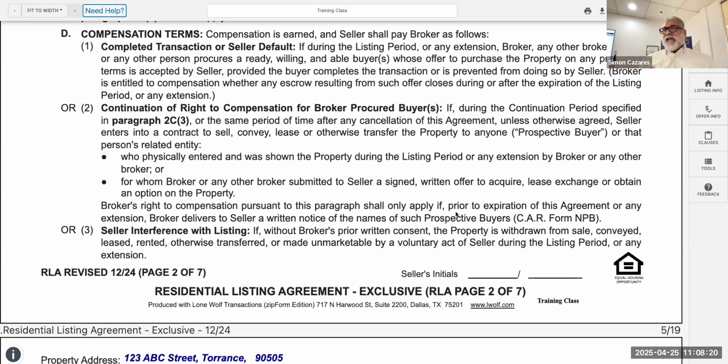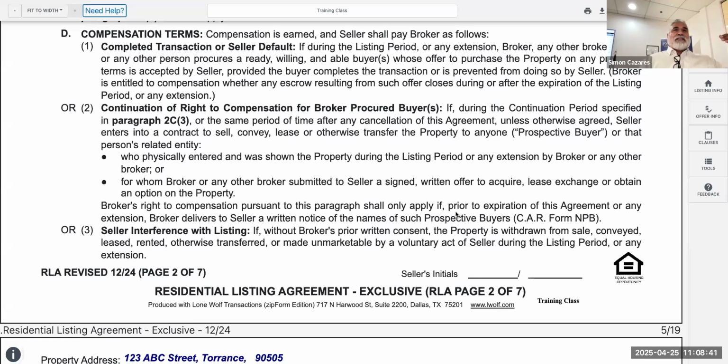And that way, if we have to challenge a potential claim against compensation from the seller, we provided the seller with all of the offers that we got. And sometimes agents get a lot of offers, right? Does it mean that the seller accepts? So many things can happen, right?